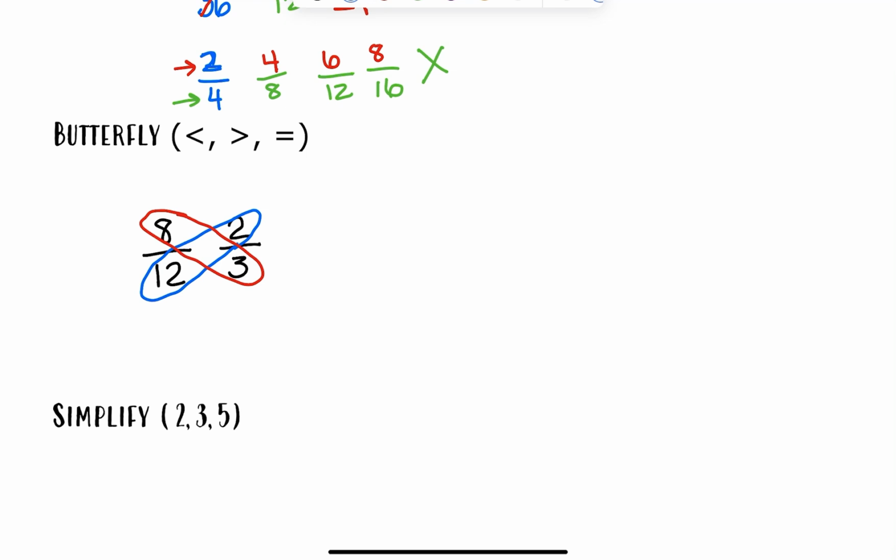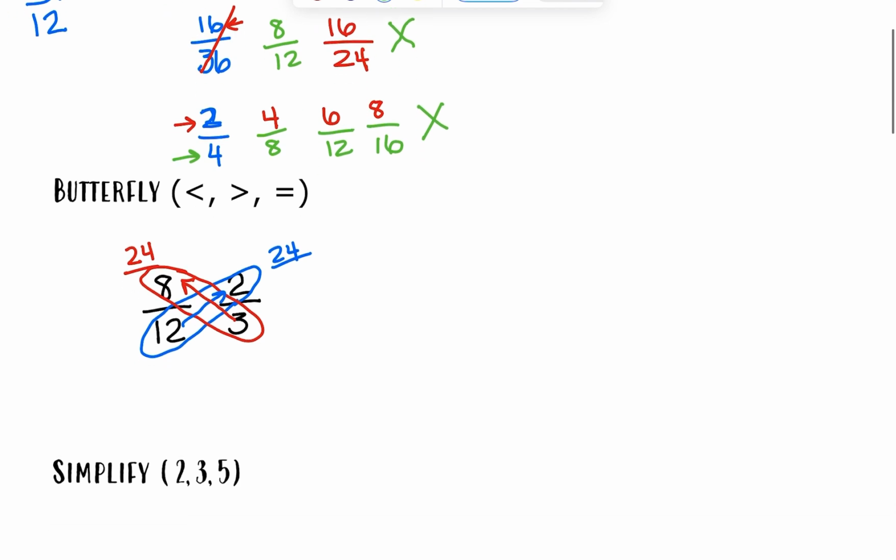So corner to corner, 12 times 2 is 24. And I put that answer at the top. Next, I do the other corner to corner, 3 to 8, and 3 times 8 is also 24. Now, if those two numbers match, these two are equivalent. We already knew 2/3 was our answer from our skip counting, so the butterfly also works.